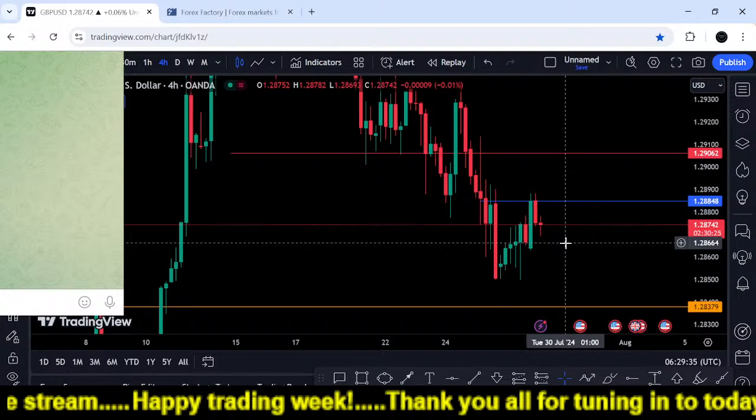You see, on the monthly time frame, we have these key levels.